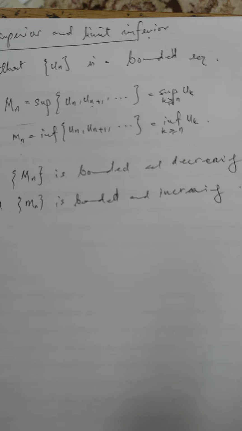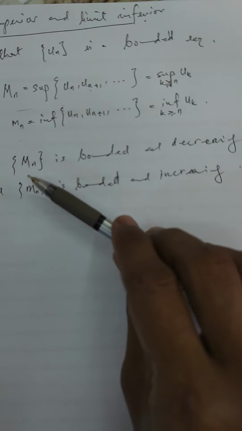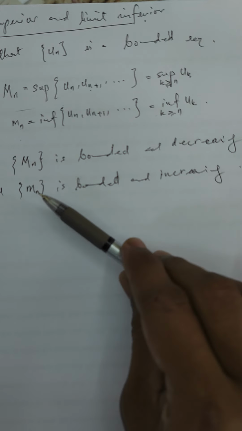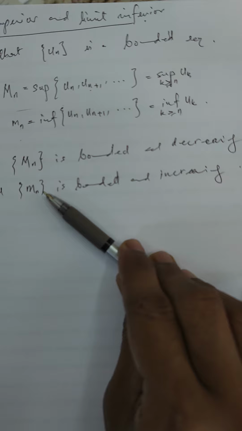Then if the limit of those sequences of suprema and of infima exists, we call it the limit superior of that sequence.